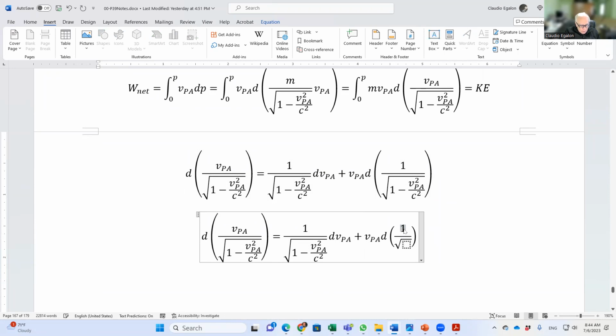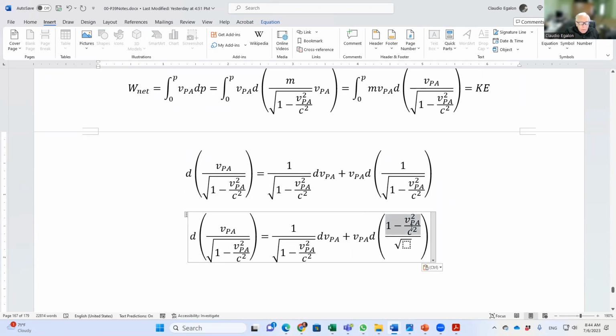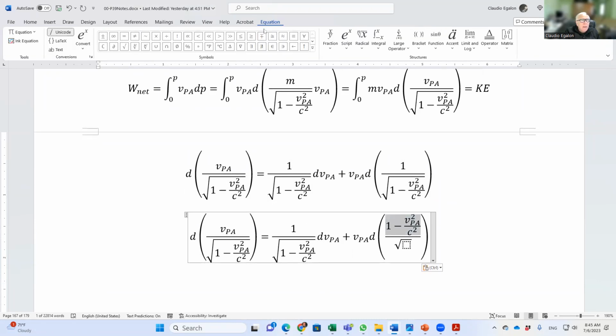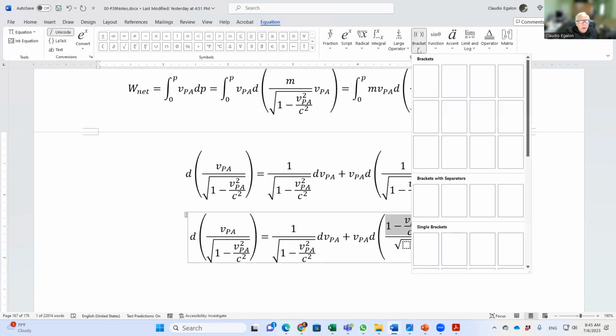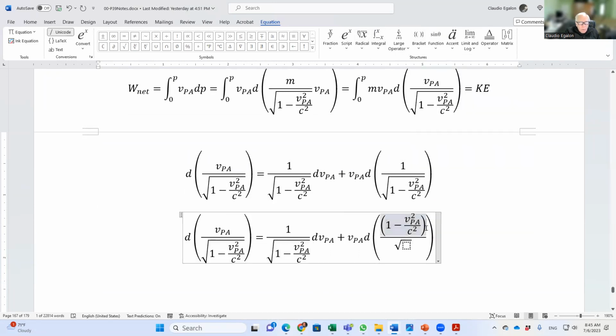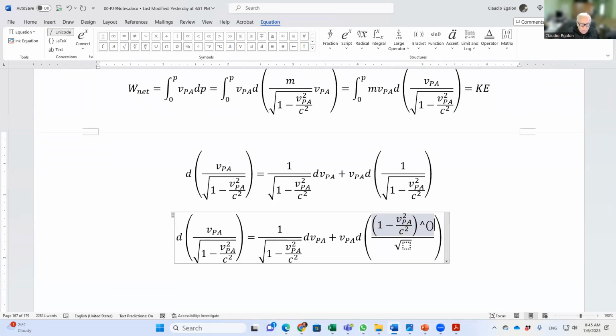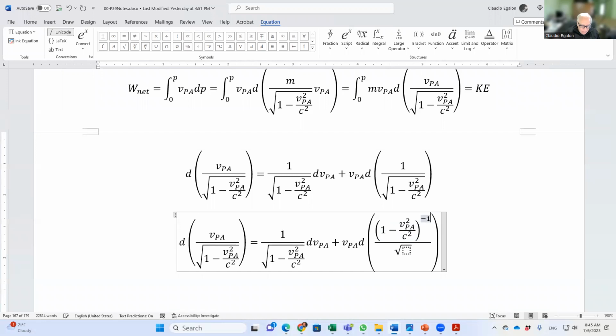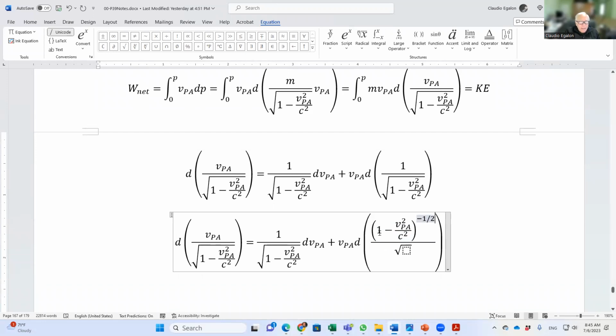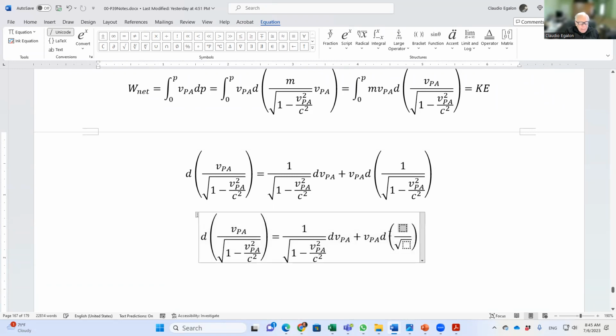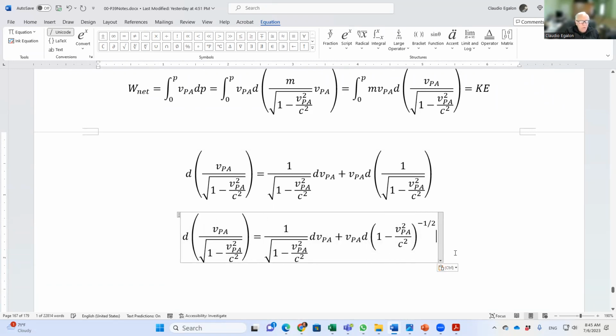It's a power, right? And I'm going to emphasize that this is a power. But it's a power of half, with a negative value. Putting it in a different format so we can differentiate it more easily.